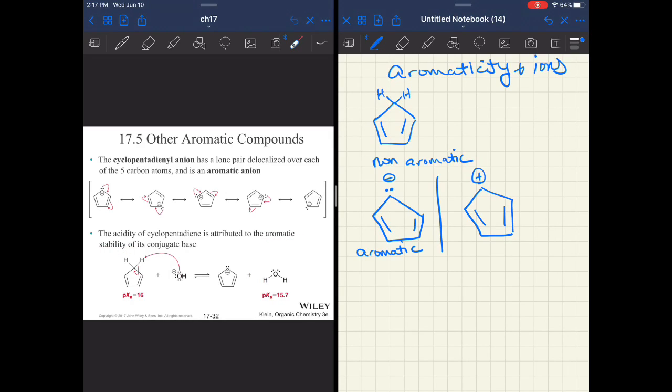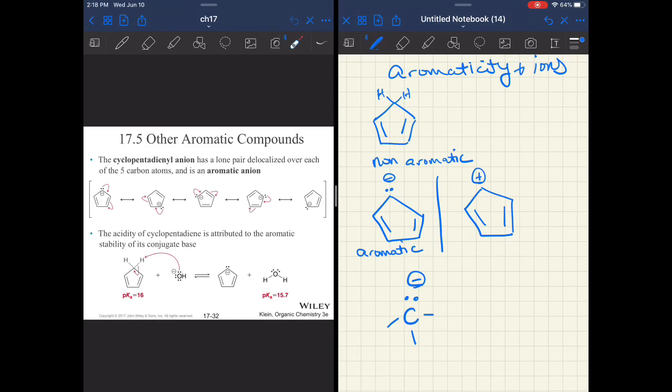So let's think about what this structure looks like. And to do that, we really need to think about the carbanion. Now in Gen Chem, you were taught to treat sigma bonds and lone pairs as the same thing when you were figuring out hybridization. And that's not untrue.